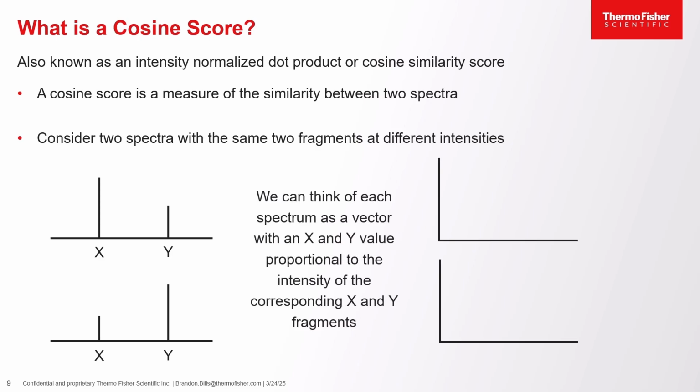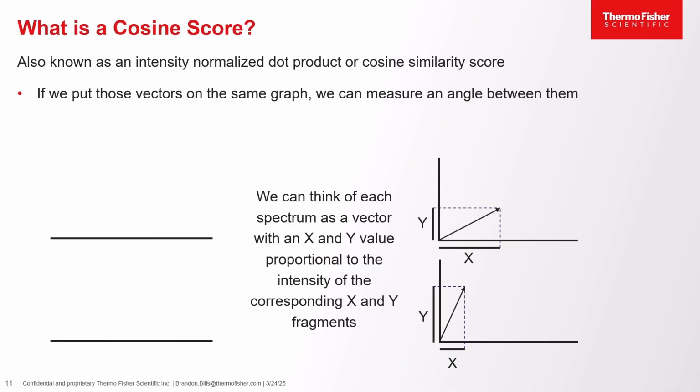We can think of each spectrum as a vector with x and y values proportional to the intensity of the corresponding x and y fragments. If we put those 2 vectors on the same graph, we can measure the angle between them.